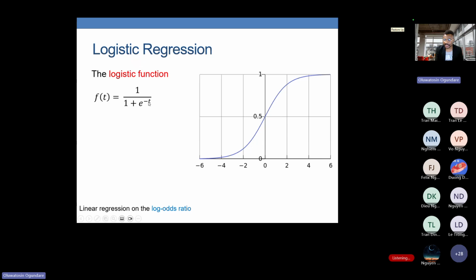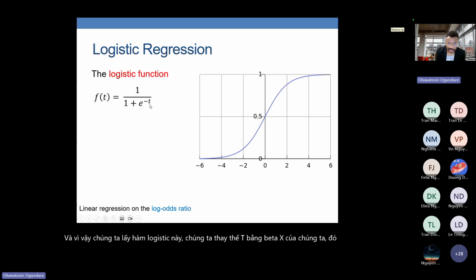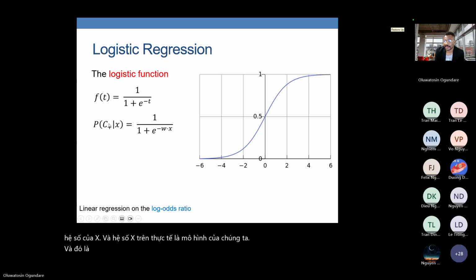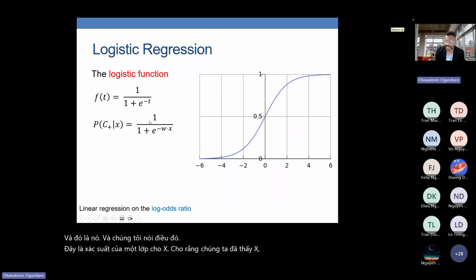So we take this logistic function, we replace the t with our beta x, which is the coefficient of x, and the coefficient of x is in fact our model, and that is it. And we say that this is the probability of a class given x. Given that we've seen x, the probability of a positive class is this, and then we have the same thing for the negative.